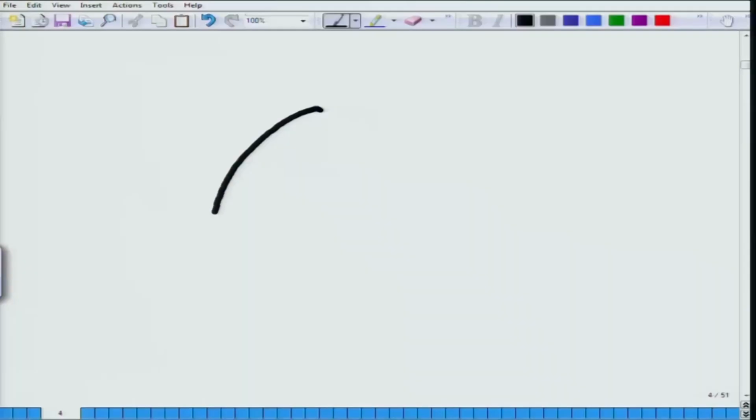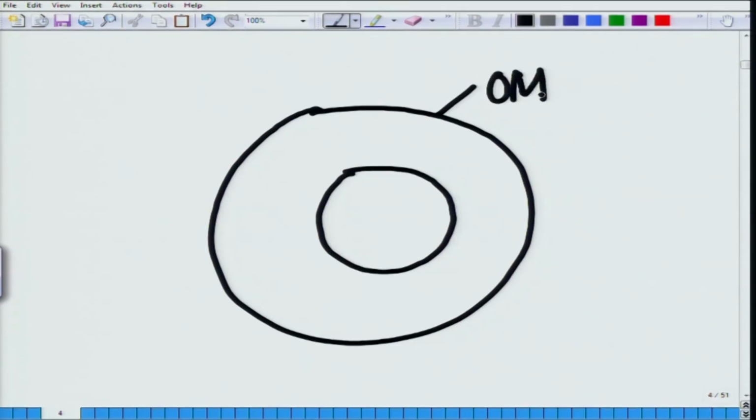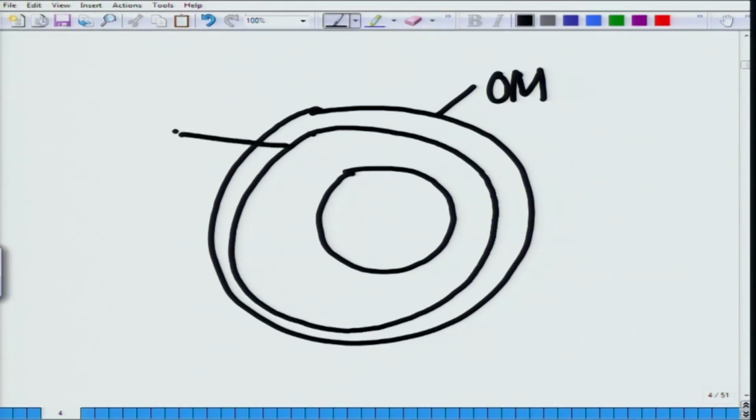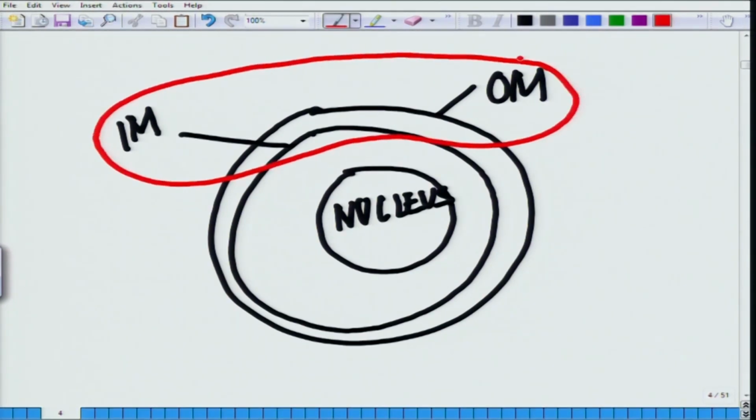For example, if you remember, in one of my first lectures I drew a cell like this, and I told you this is the outer membrane, and it has another membrane which is called the inner membrane, and you have the nucleus inside the cell. So, what we will be dealing with is the structure of this.